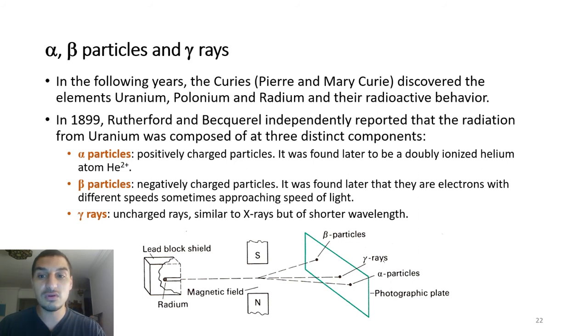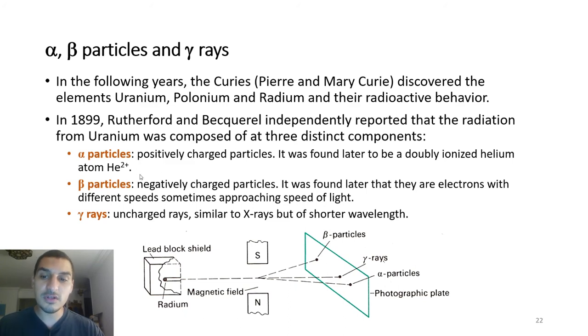They found that radioactive materials emit different types of radiations or particles. The experiments done by Rutherford and another scientist, Becquerel, found that there are different particles: alpha particles, beta particles, and gamma rays. The alpha particles were found to be positively charged particles, and this is the reason I'm talking about these now, because we're going to talk about alpha particles.